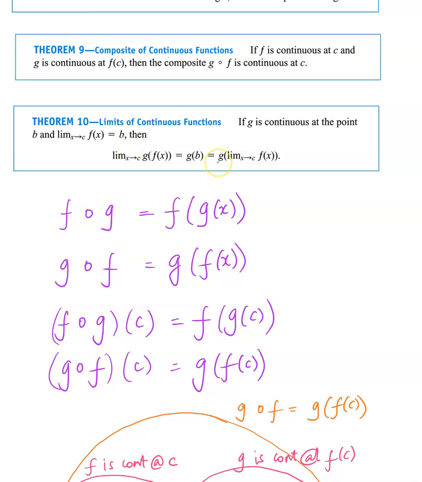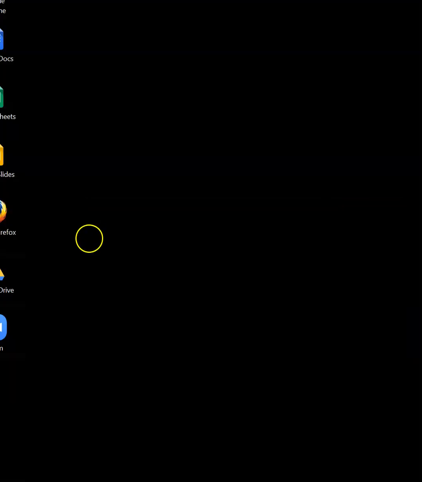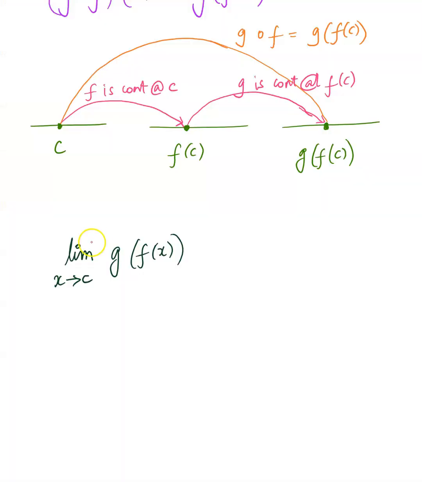Technically, what they're telling us is, if you took the limit of g of f of x as x approaches c, all they're doing is switching the limit and the g. When you do that switch, the g comes out and the limit goes inside.